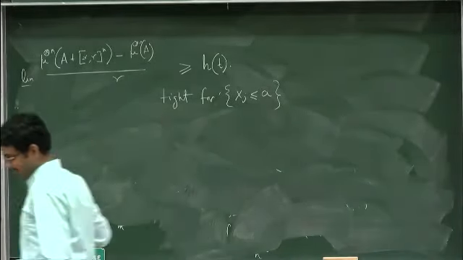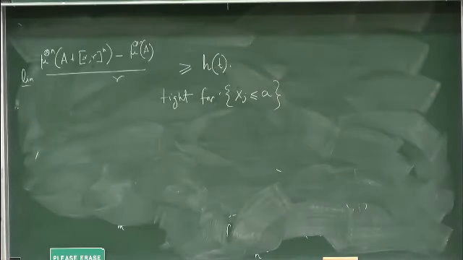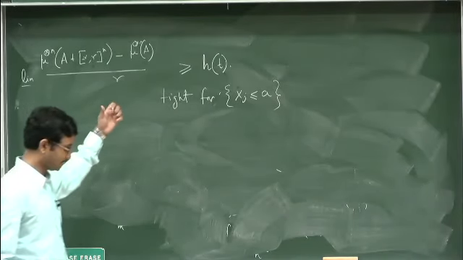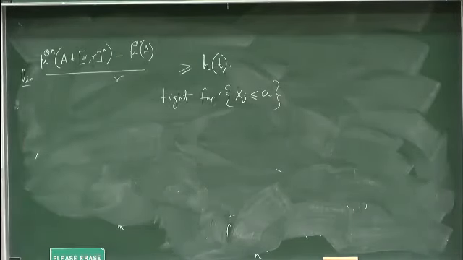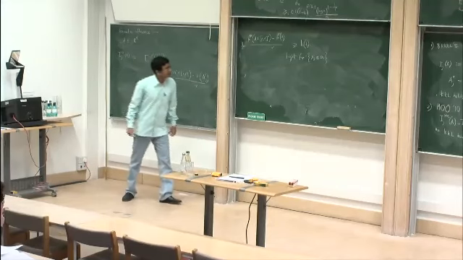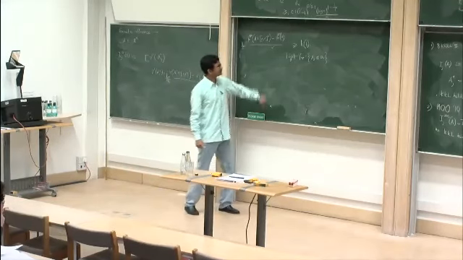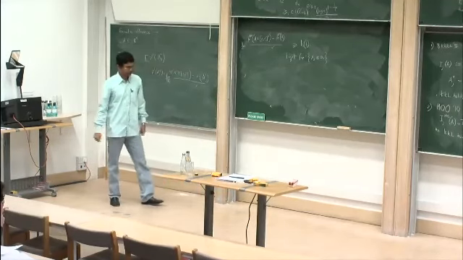So this is the isoperimetric inequality for the L infinity boundary, and one cannot do better. This is the dimension-free isoperimetric inequality.